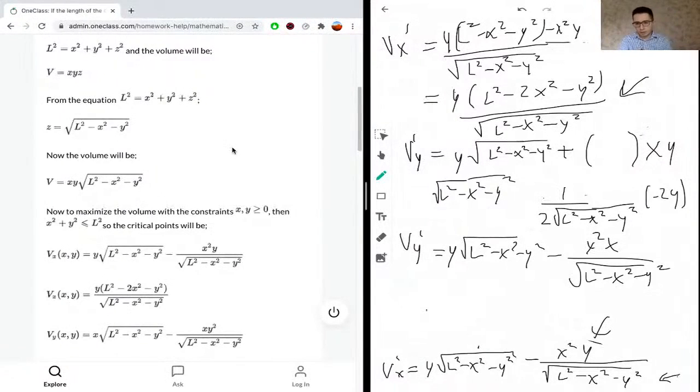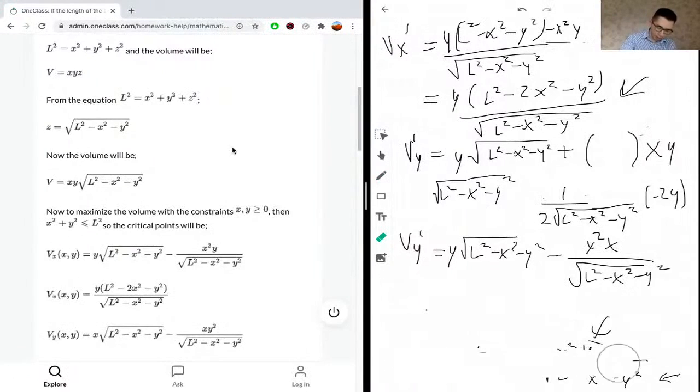So we'll combine both of these terms to get just one component, one term in the derivative of the volume with respect to y. And we'll end up with the following.